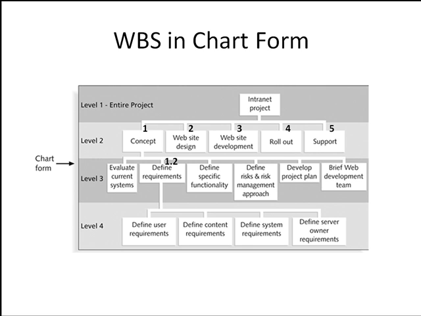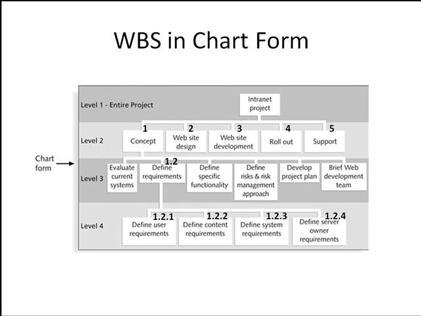Well, that second one you'll notice is listed 1.2, because it's under the tree concept, and the second entry. Well, if you keep drilling down into the defined requirements, you'll see that the first task under defined requirements is 1.2.1, and then the successive tasks in the defined requirements task numbered as 1.2 are 1.2.2, 1.2.3, and 1.2.4.